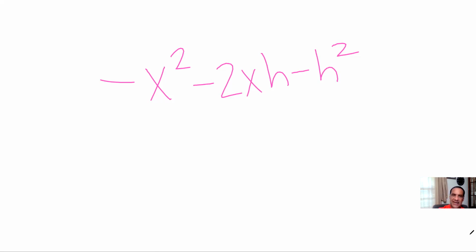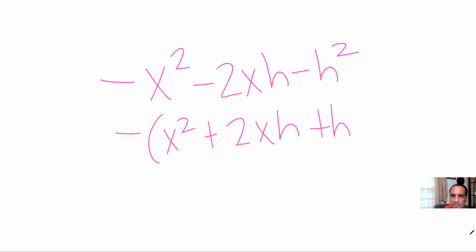Since they all have a negative in common, you could write x squared plus 2xh plus h squared with the negative outside. Now, folks might ask me, what if that h squared at the beginning was positive? If you factor a negative out of a positive, you're going to leave a negative.